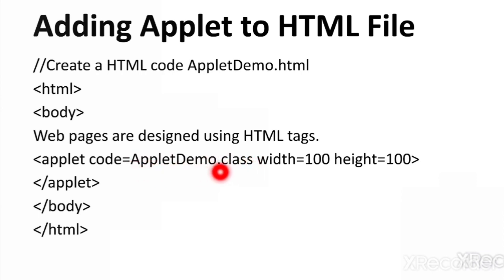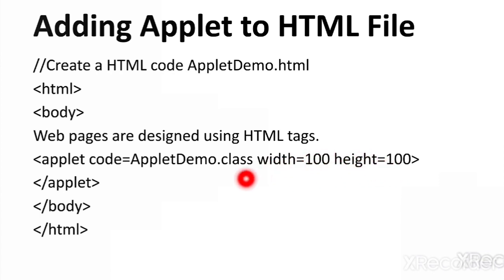Next you can set the width attribute to 100 pixels and the height attribute to 100 pixels. This width and height value will be the size of the output window. The output of an applet program appears on a window with these width and height values.